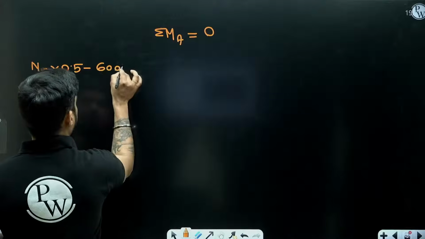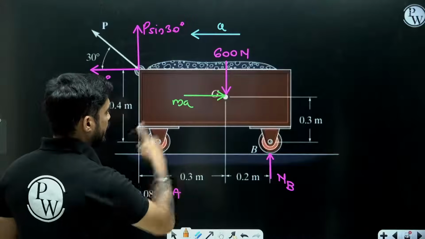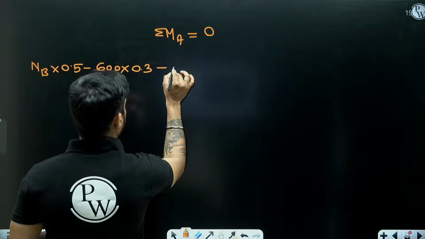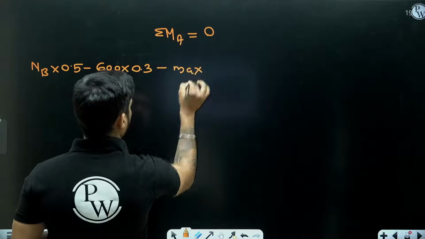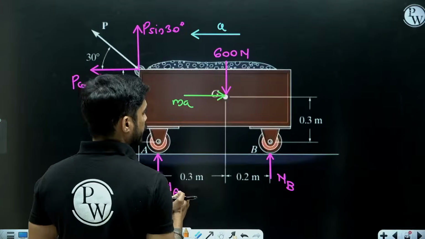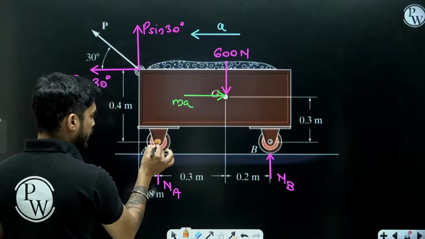Moment of this MA will also be clockwise, right? So minus MA multiplied by this height, which is 0.3. A point is here. I am taking moment here.